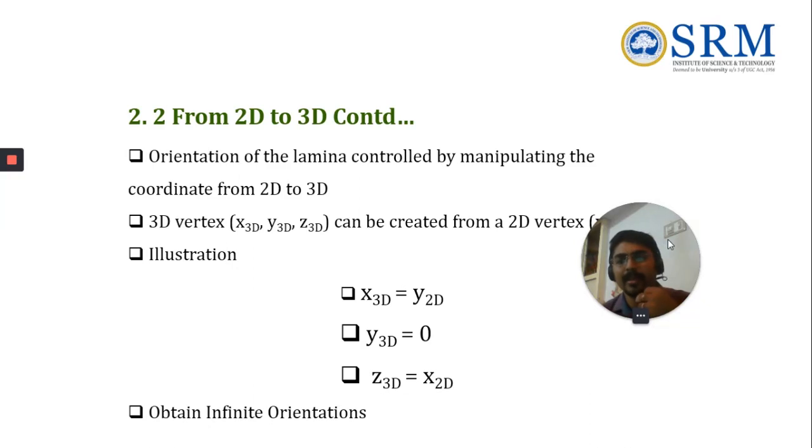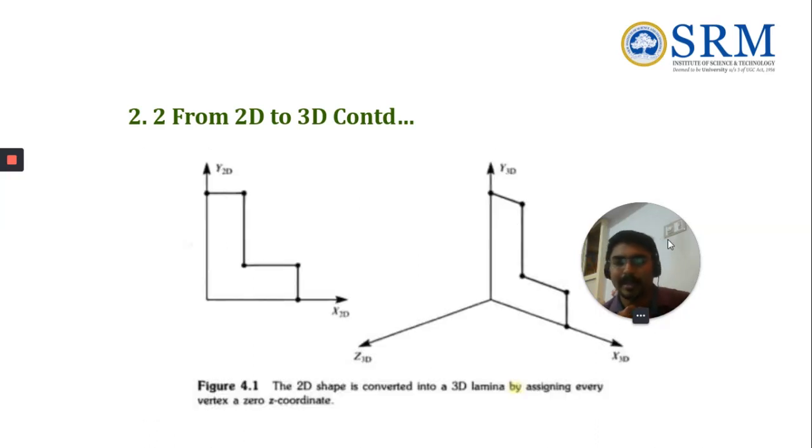Initially we can convert 2D to 3D, but what actually is equal: the x 3D coordinate is equal to the y 2D coordinate, and the y 3D coordinate is equal to 0, that is, there is no coordinate there, but the z 3D coordinate is equal to the x 2D coordinate. So this is what the diagram shows.